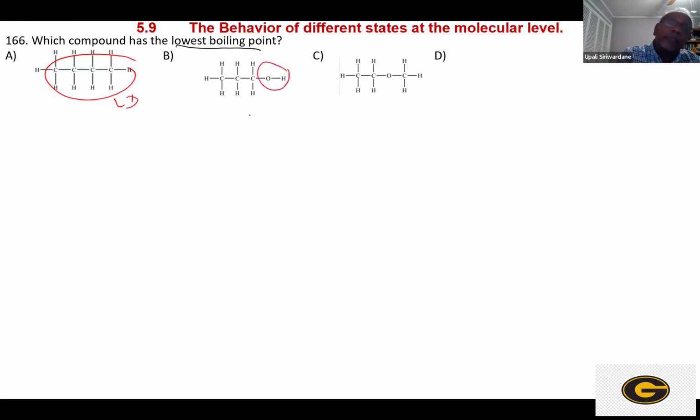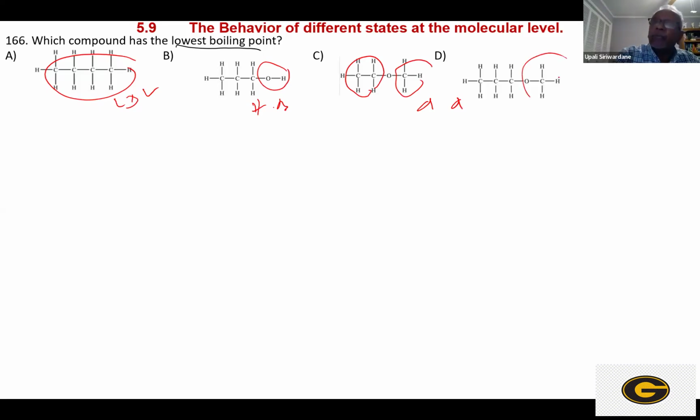This is an OH group, hydrogen bonding. This is a dipole, oxygen. Dipole, dipole. Therefore, this is the lowest boiling point, the lowest intermolecular force. This is the correct answer. That's also a dipole. Answer is A.